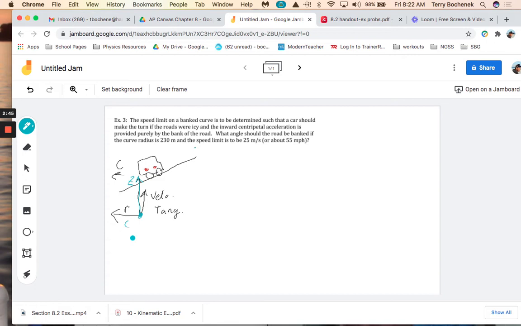So how do we do this? First, we go to our free body diagram, and it should have the normal force. It should have, of course, the force of gravity.